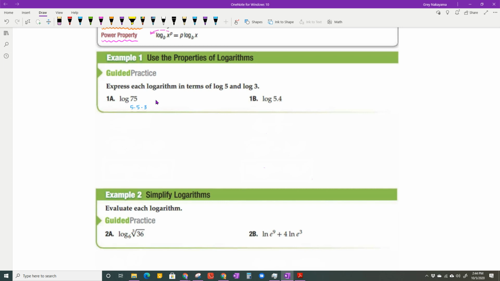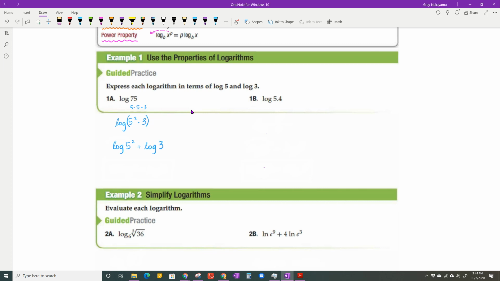So when I write that, I'm going to write it as the log of 5 squared, because I have two 5s, times 3. So that is the log of a product, which means that I'm going to break up those factors and add them. So that's the log of 5 squared plus the log of 3.